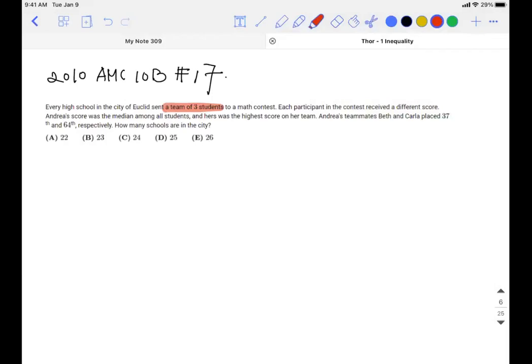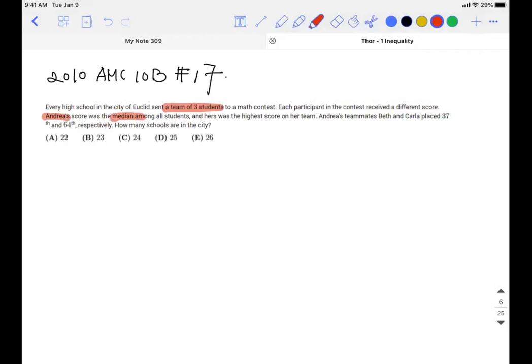And Andrea's score was the median among all the students. Median means Andrea's score is in the middle. Median does not necessarily mean average. I'll finish the question first and then I'll answer the questions.